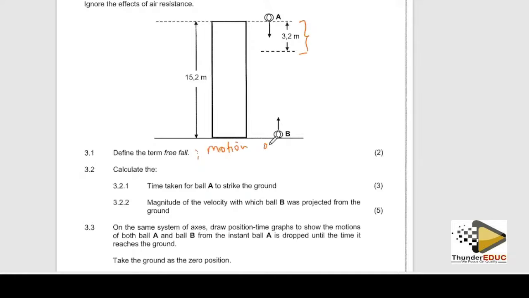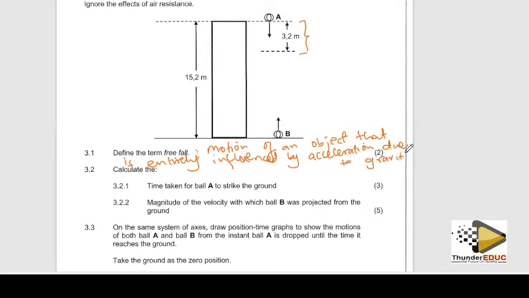And so the motion of an object that is entirely influenced by acceleration due to gravity. Okay, that would be my mini description.